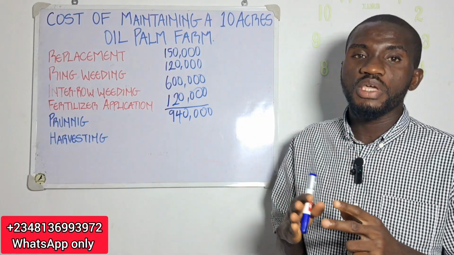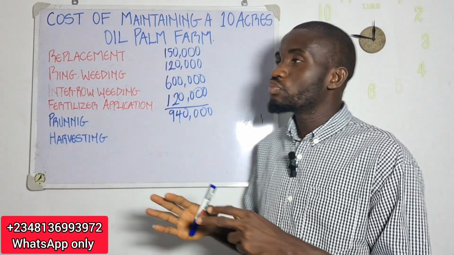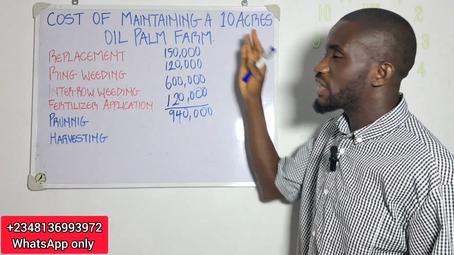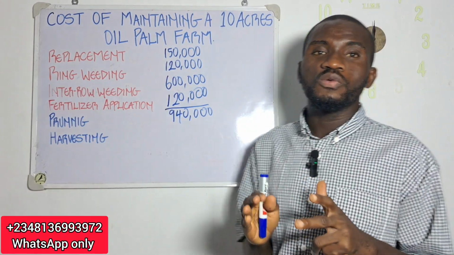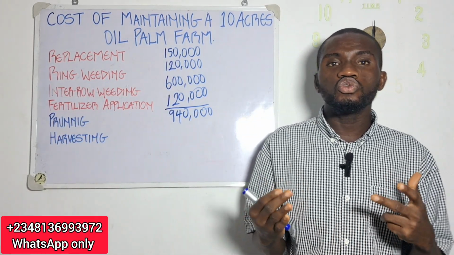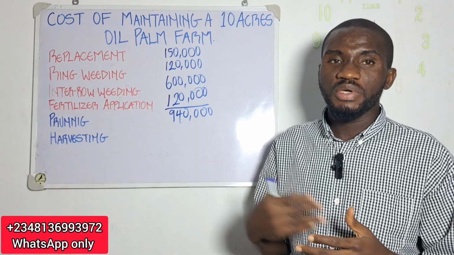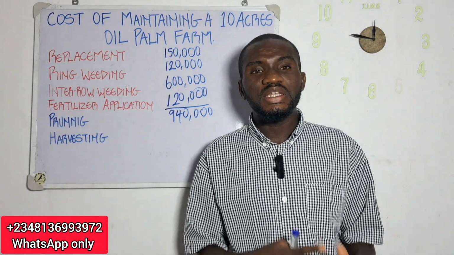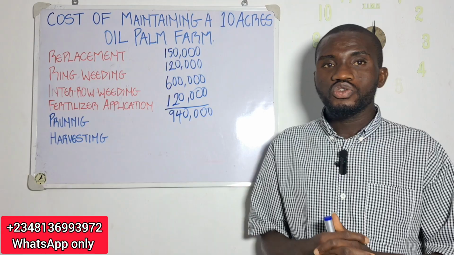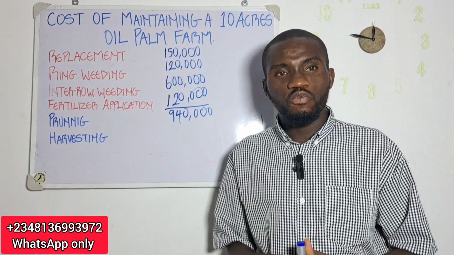Just approximate it to be a million naira in a year to maintain a 10 acres of farm. So it is very, very important for us to know what is expected of us, to keep a certain amount of money aside so as not to abandon our farm halfway.